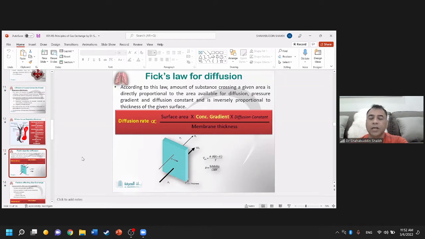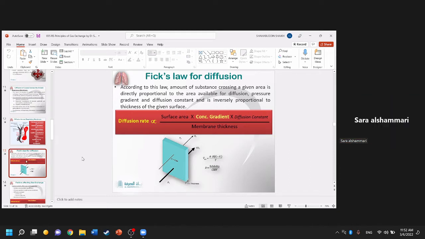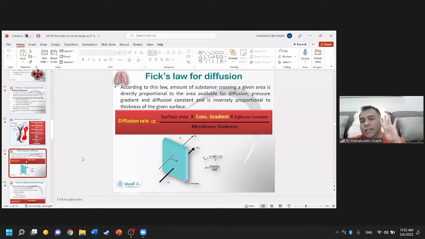What are the factors which affect diffusion? Surface area, thickness of membrane, diffusion constant, and concentration gradient.